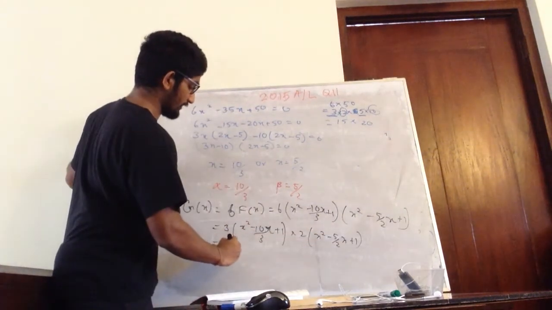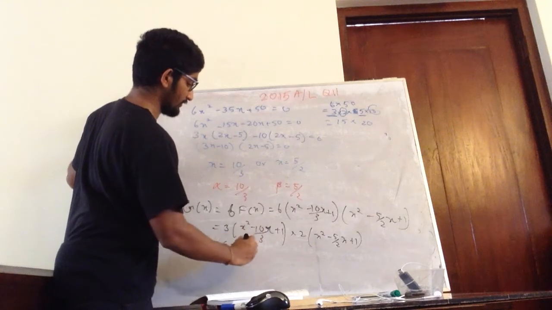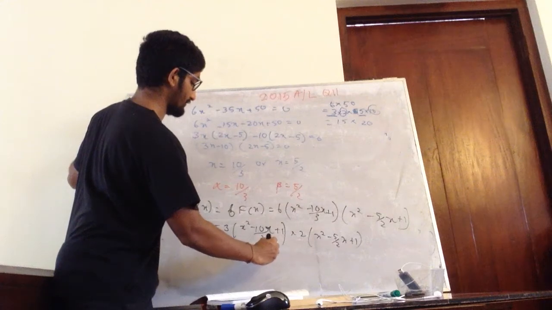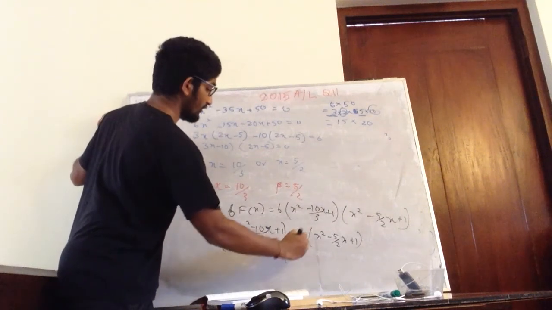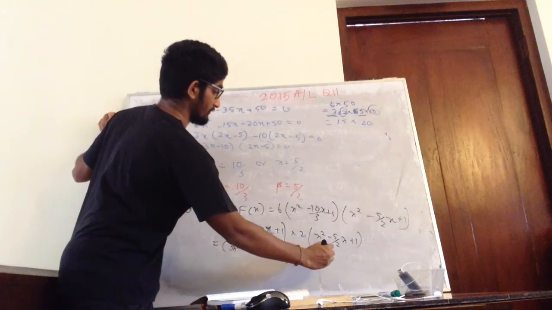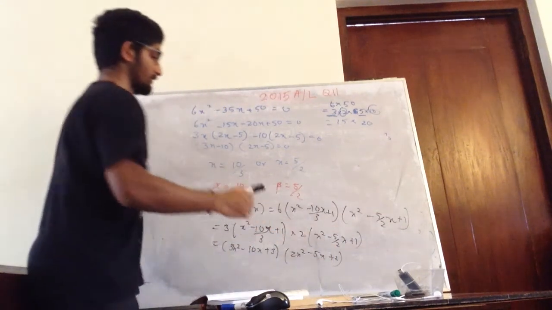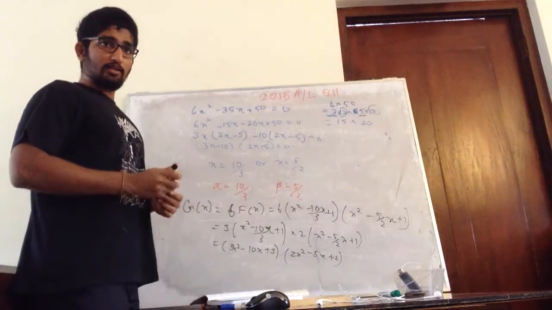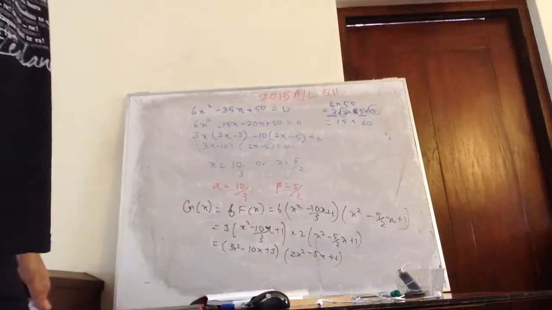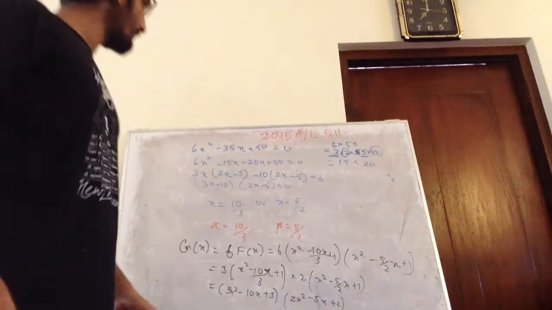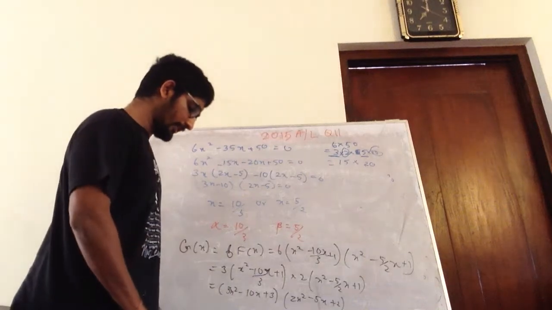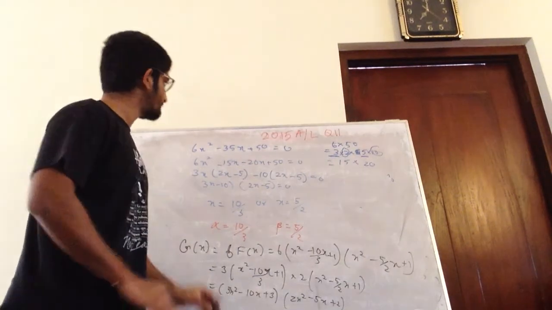Then I will get (3x squared minus 10x plus 3) into (2x squared minus 5x plus 2). Right? So write this down for now.